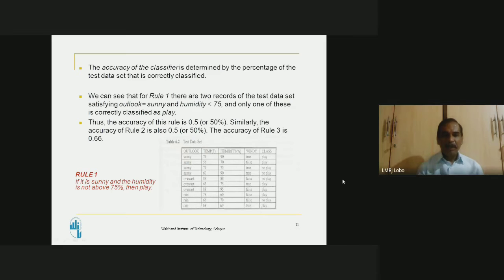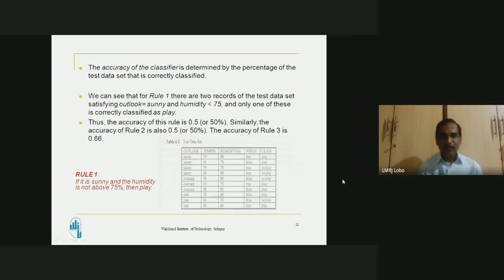Now, the accuracy of such a classifier is determined by the percentage of the test data set that is correctly classified. For example, if you look at rule 1, there are two records of the test data set satisfying outlook to be sunny and humidity to be less than 75.